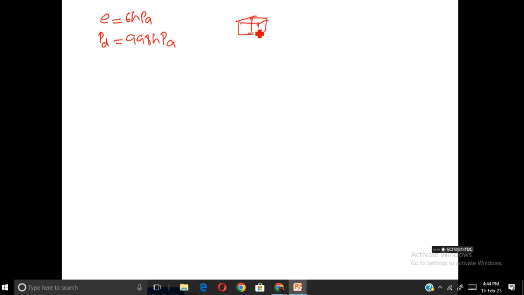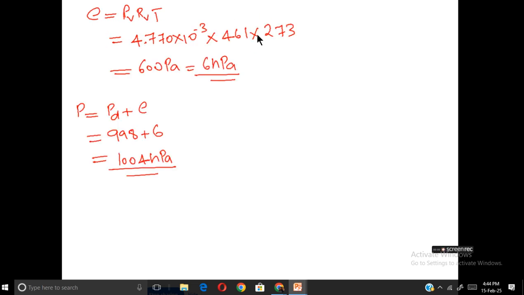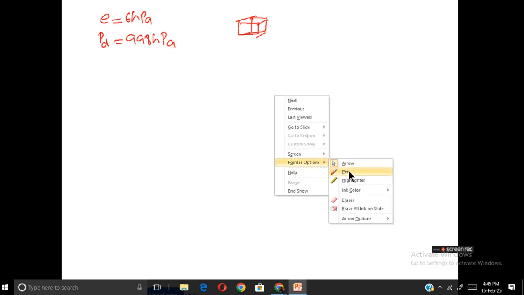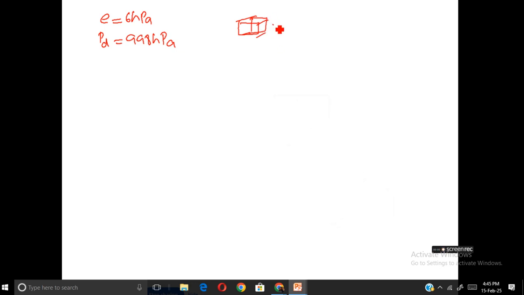We have a dry air parcel and a moist air parcel. The dry air parcel has a density of 1.275 kilogram per meter cube.